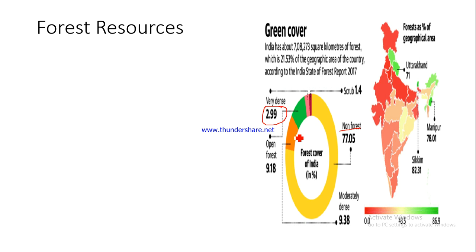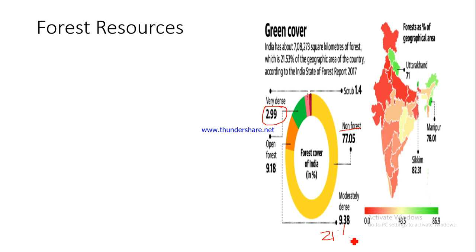And then the open forests and the moderately dense forests have also been shown here. So if you look at the overall forest cover in India, you would find that it is just around 21%. So forest cover in India is just around 21%.